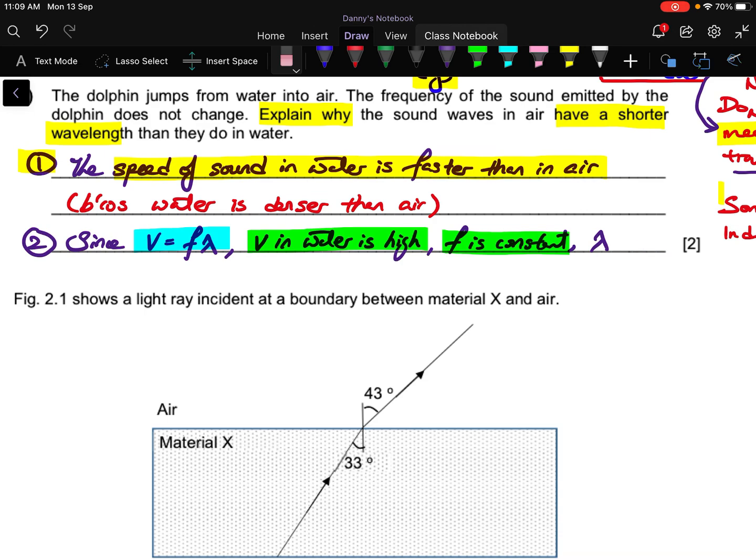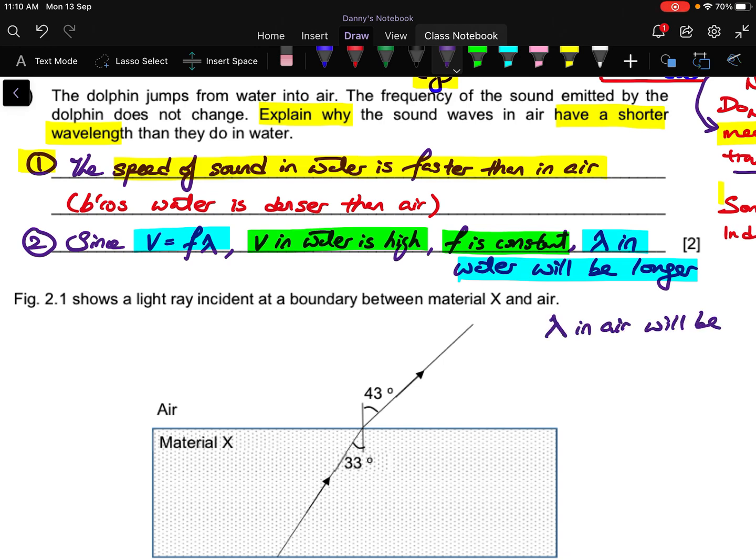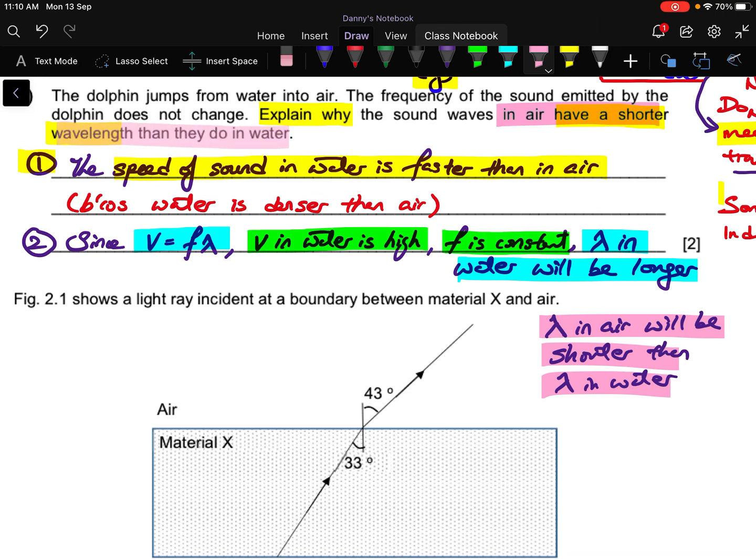So your wavelength in water will be longer. In other words, your wavelength in air will be shorter than your wavelength in water. And this is what you want to prove for the question.